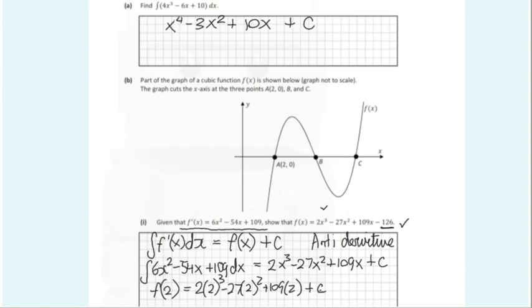Alright, so multiply everything out and we're going to get c is equal to minus 126. Okay, and that means that the f of x is true. Okay, so that was the anti-derivative theorem.